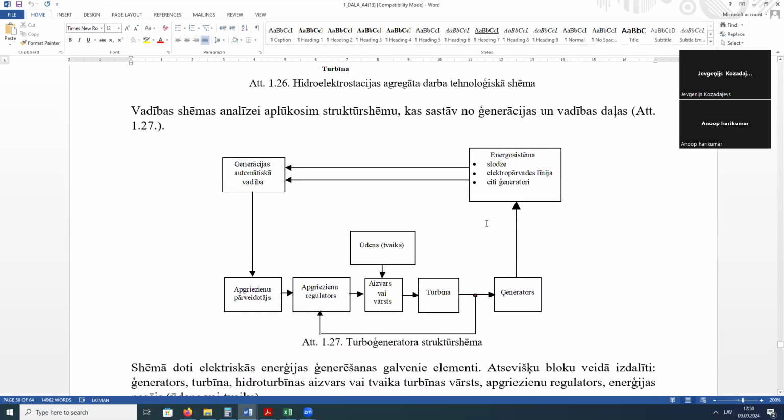So in case we have this schematic, what we could see here is that we have information about what's going on in the power system, and we have the control of the generator, if we need to produce more power or less power.